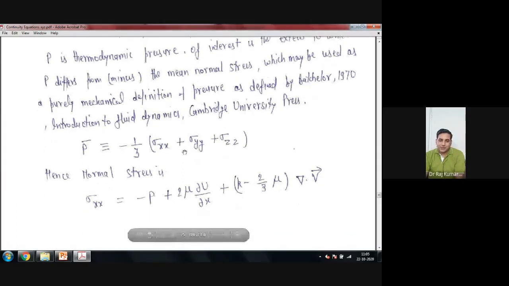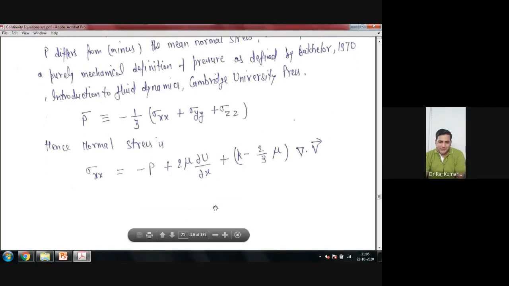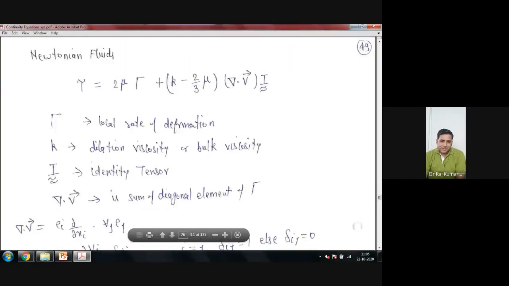The normal stress finally is given by minus P plus 2 mu del U upon del X, plus kappa minus 2/3 mu again del dot V. So we will end this part here. This is what I have taken here. This K is the dilation viscosity. This term is the local rate of deformation of the fluid, and that is the identity tensor.